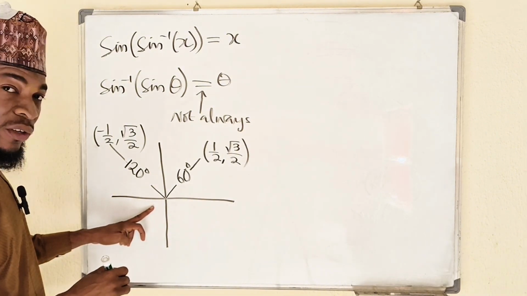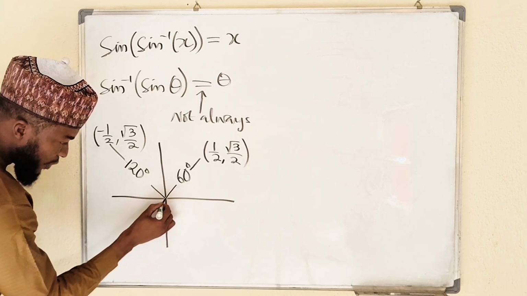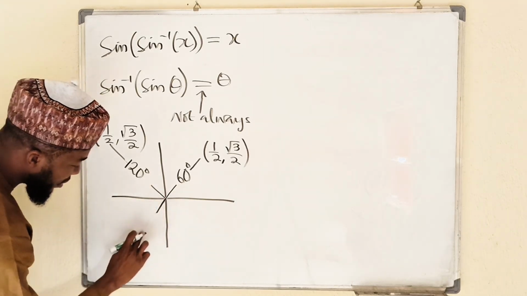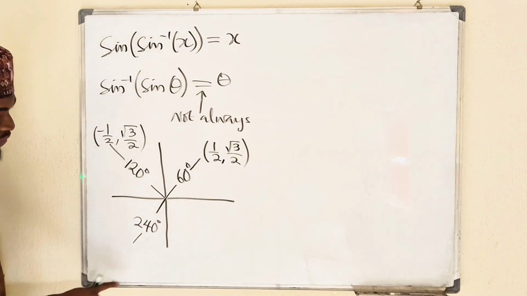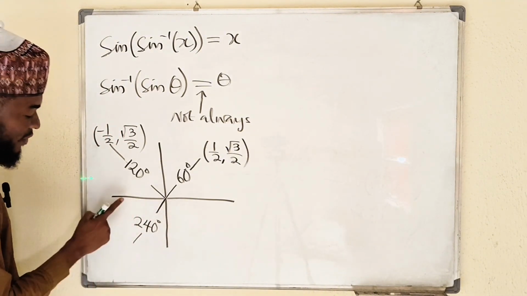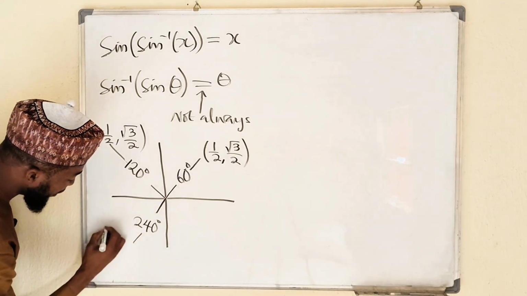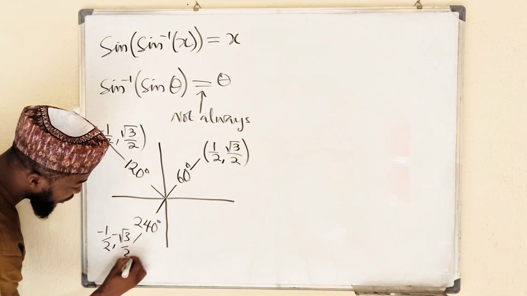In the third quadrant, it will be 240, right? Because it will be 60 more than 180, situated somewhere here. This is 240 degrees. The coordinate will be negative, negative, because this is negative axis, this is also negative axis. So it will be negative 1 over 2, comma, negative root 3 divided by 2.